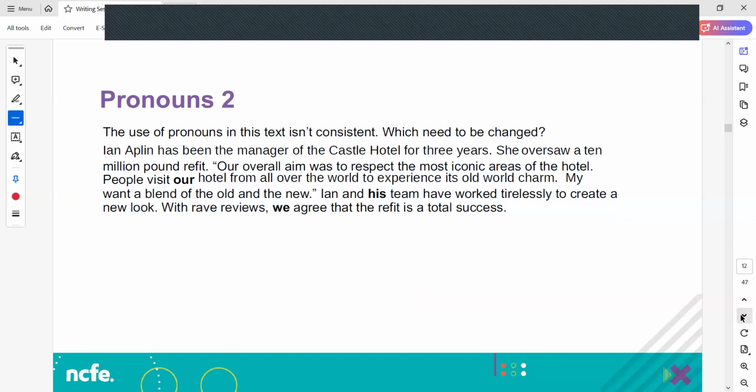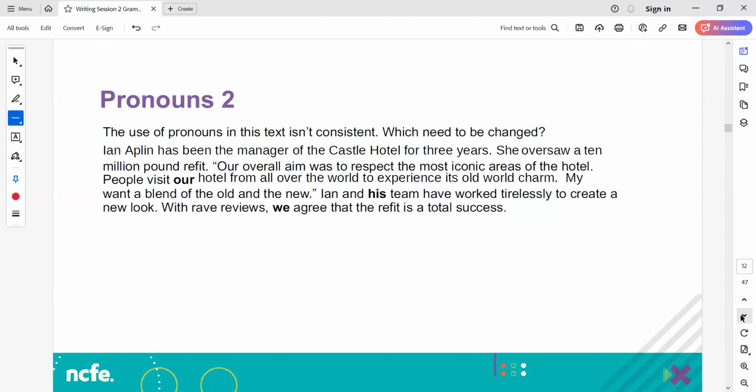So the use of pronouns in this text isn't consistent, and needs to be changed. Ian Applin has been the manager of the Castle Hotel for 3 years. She oversaw a £10 million refit. Our overall aim was to respect the most iconic areas of the hotel.